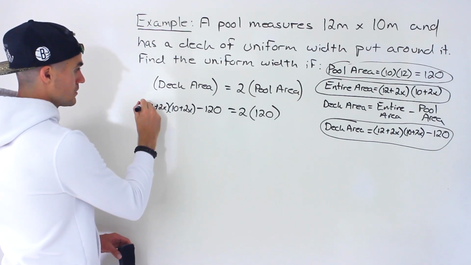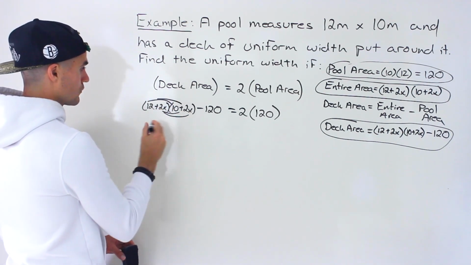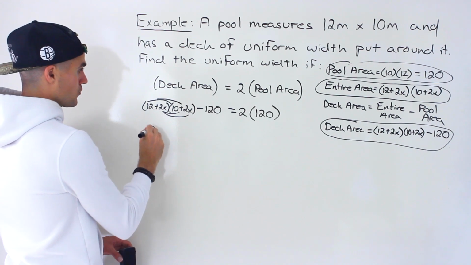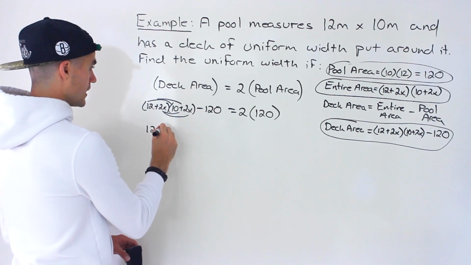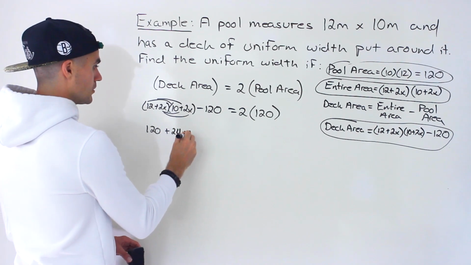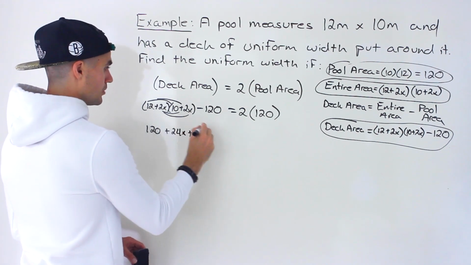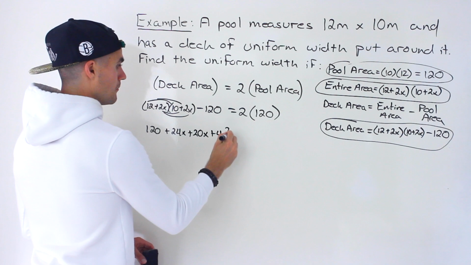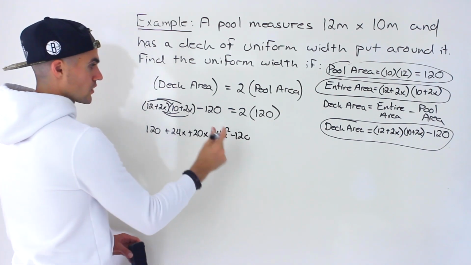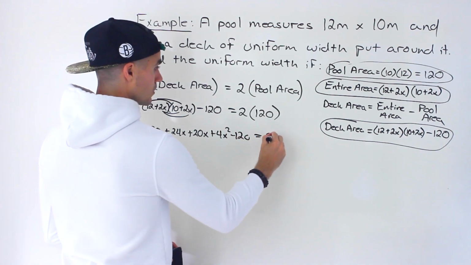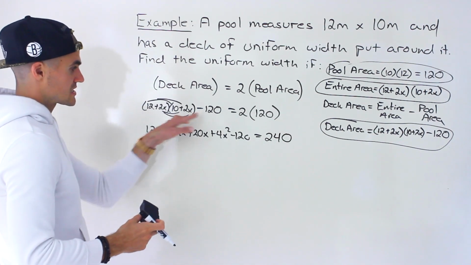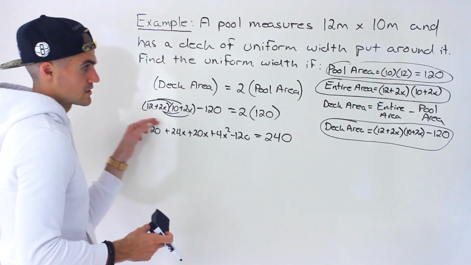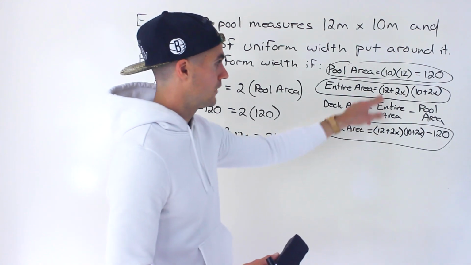So what we can do is expand all of this over here. So we would end up with 120 plus 24x plus 20x plus 4x squared minus the 120, that's over here, and then this is going to equal 240, like that. You can also do this expansion if you want right here and right here.